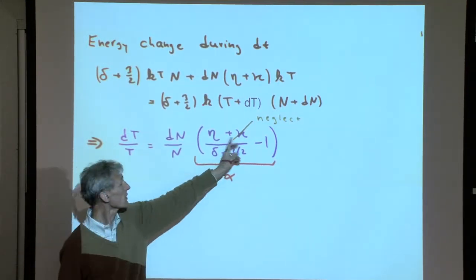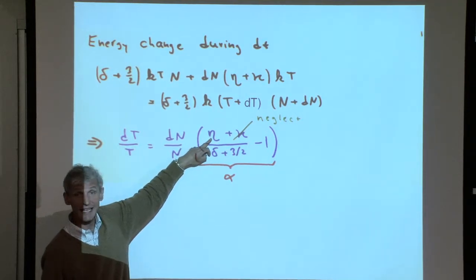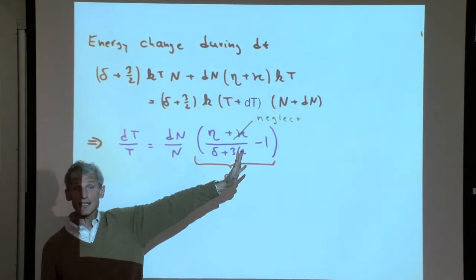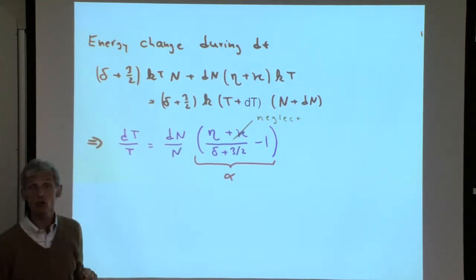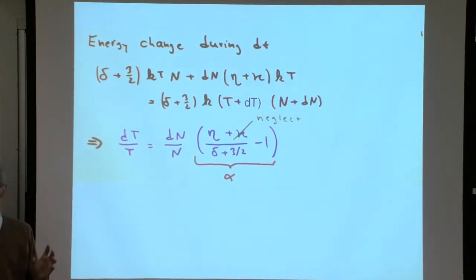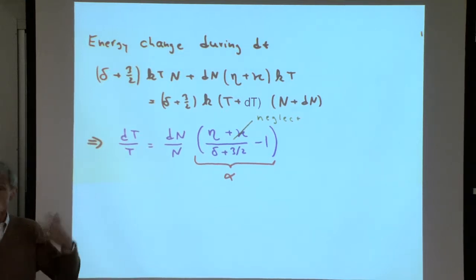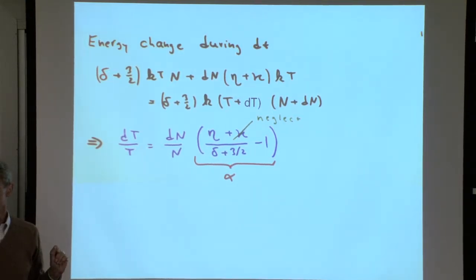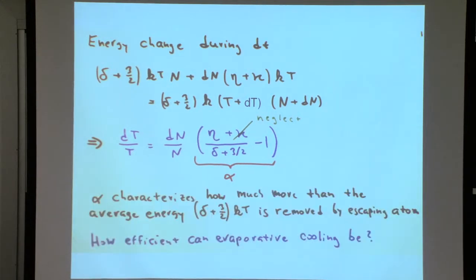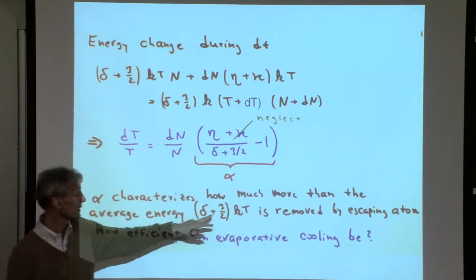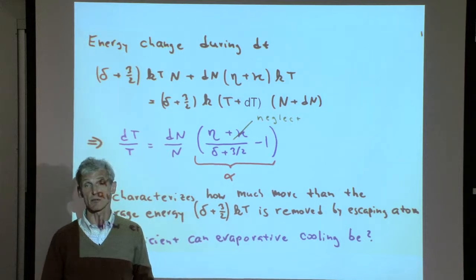And sure, you realize if you put your cut eta not at high energy, if you cut at low energy, then your alpha coefficient can even turn negative, because then the atoms which evaporate do not have more than the average energy. But actually then the model breaks down. Okay, so alpha characterizes how much more than the average energy is removed by escaping atoms.